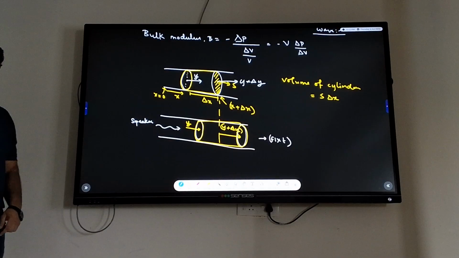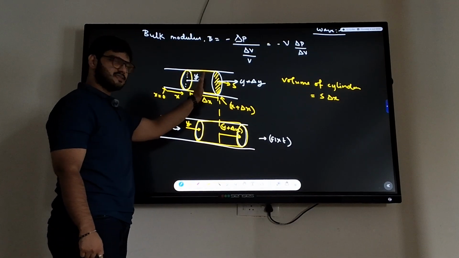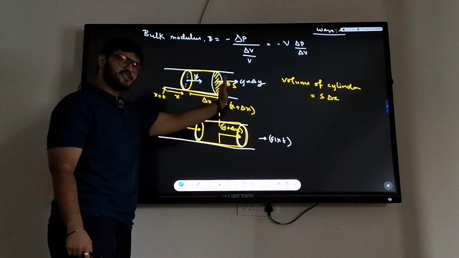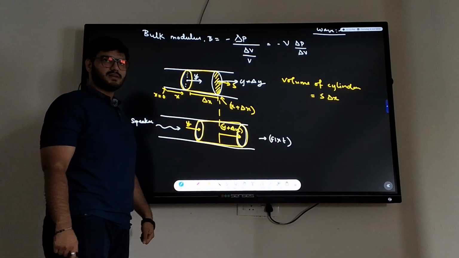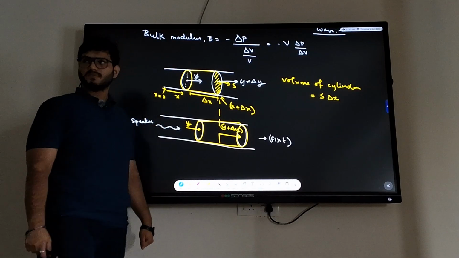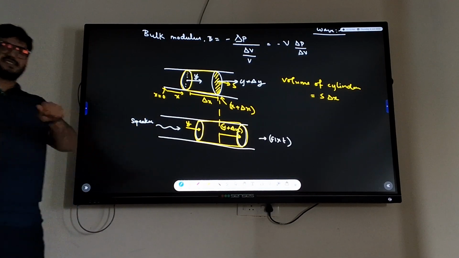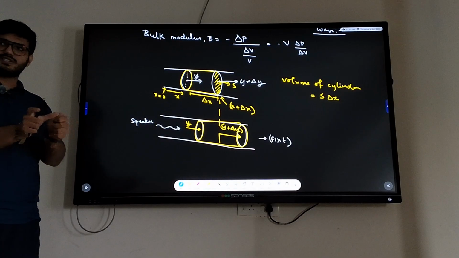Now understand this very carefully. If the particles here moved by 5 meters and the particles here also moved by 5 meters, will there be any change in volume? What do you think? No, because they move by the same distance, so it's basically as if you shifted the cylinder.